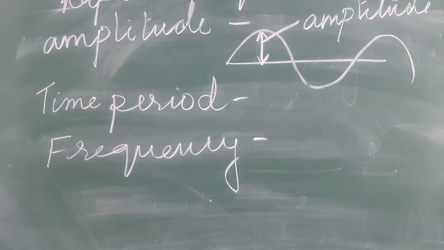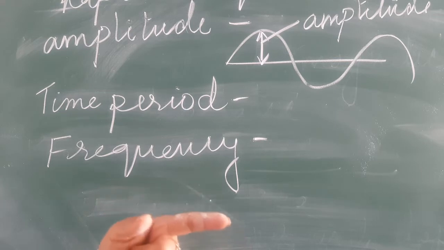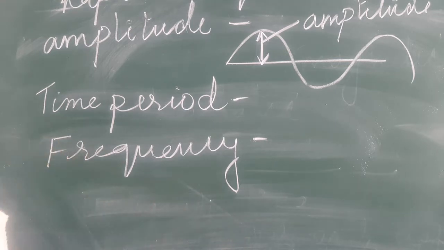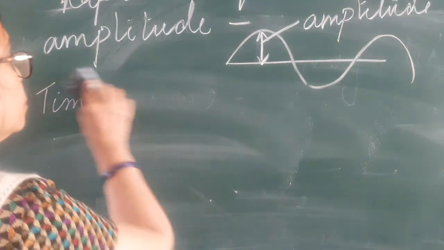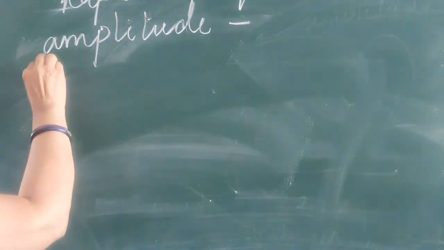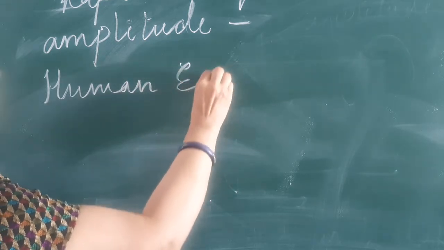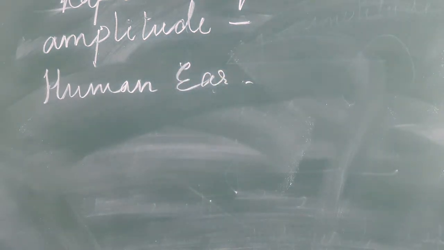Pitch of the sound depends on the frequency of the vibration. Quality of a sound is determined, children, by frequencies present in it and their relative loudness. Next, we talk about the human ear. There are different parts of the human ear.